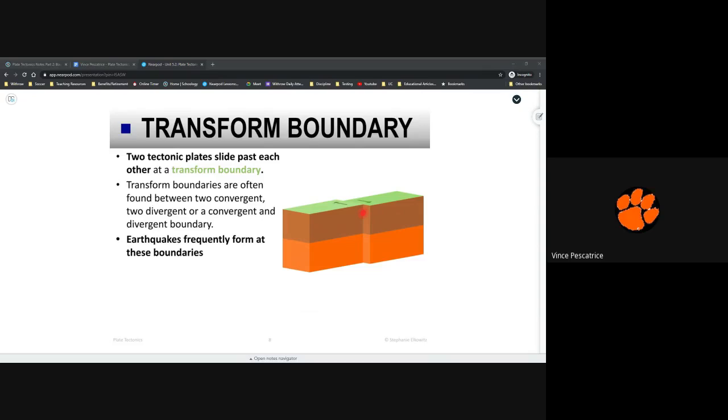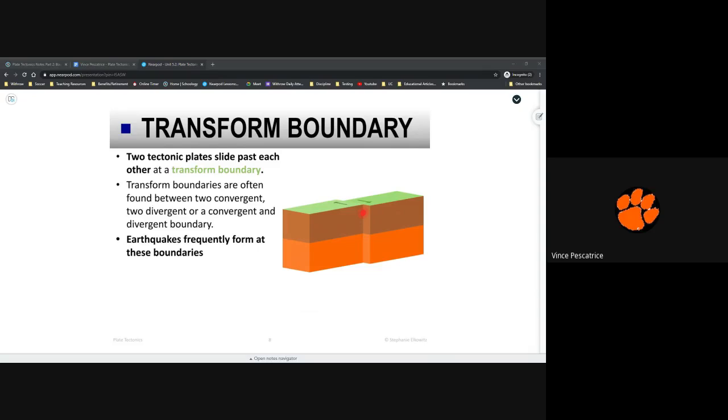All right. So in your notes, there is a link that takes you to this Plates on the Move website.